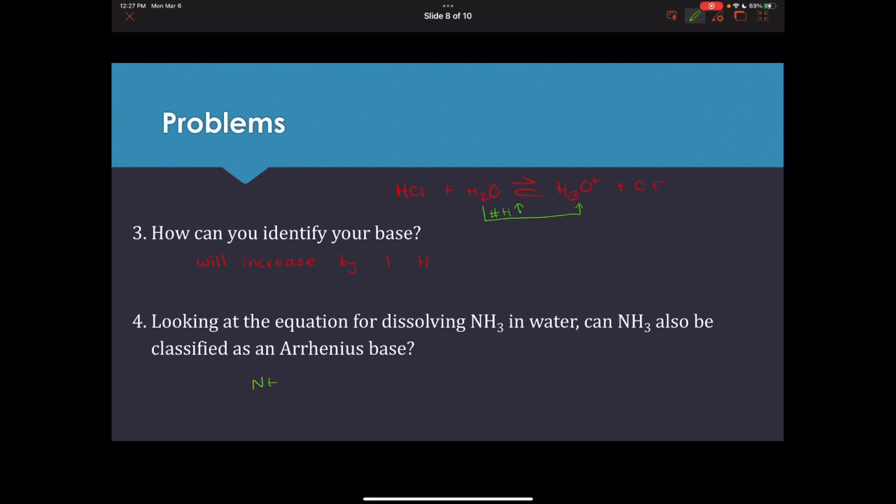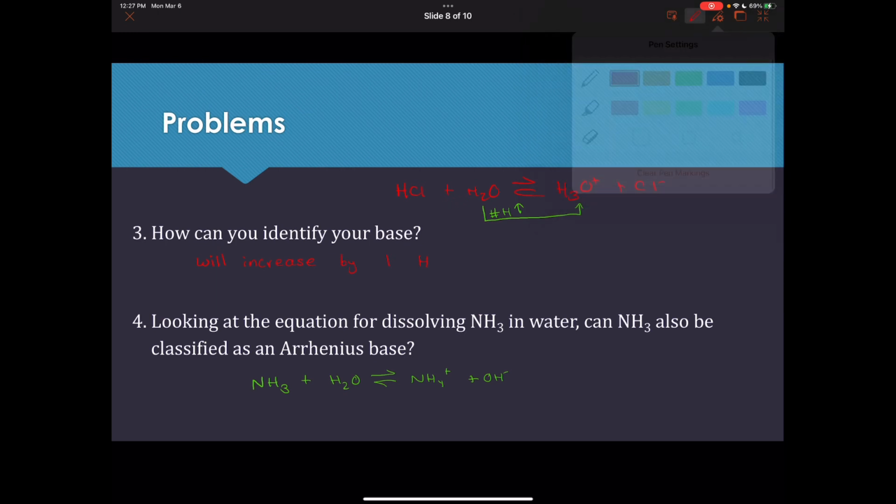And we said earlier that if we put NH3 into water, that was going to produce NH4 plus and OH minus. We are producing hydroxide in solution, so we're producing OH minus in solution. That makes it an Arrhenius base. Now, that hydroxide is being formed as a result of transferring a hydrogen, and so it's also going to be a Bronsted-Lowry base, so that ammonia falls into both categories.